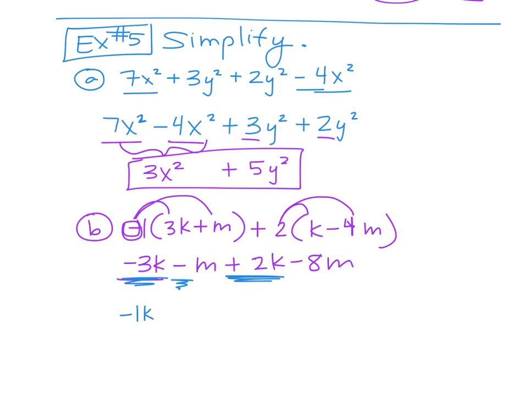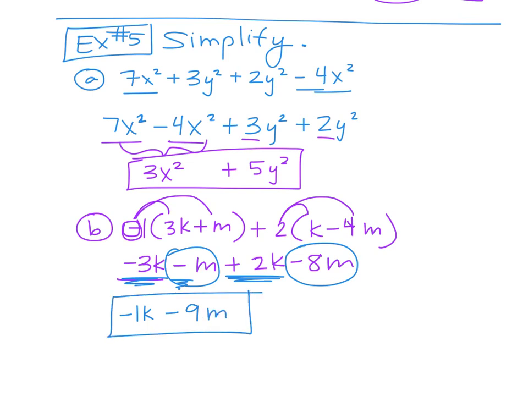You don't even need the 1. What's your next term going to be? Minus 9m. So this is negative m, negative 8m. So negative m minus 8m is negative 9m. And that's as simple as you can go because you can't combine a k and an m. Okay? Questions on that? And like I said, you can leave the 1 off if you want.